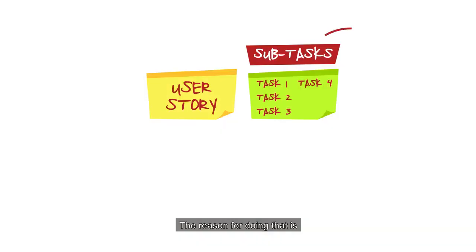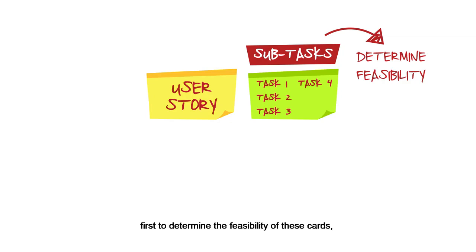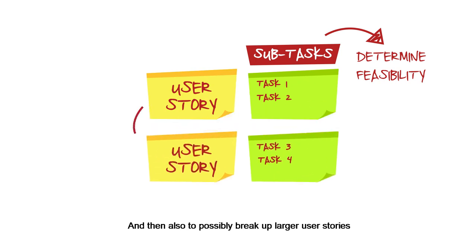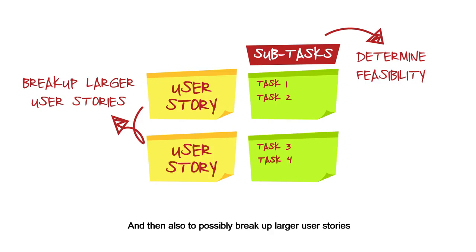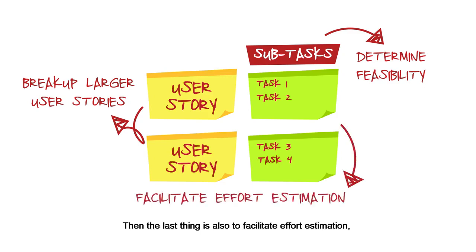So the reason for doing that is first to determine the feasibility of these cards based on the detailed development tasks that are supposed to be done from the developer's perspective, and then also to possibly break up larger user stories in case they are too big for a day of development. Then the last thing is also to facilitate effort estimation, because once you have all the subtasks created, then you have a better sense of how much needs to be done for each one of the user stories.